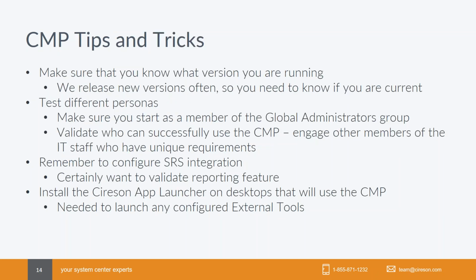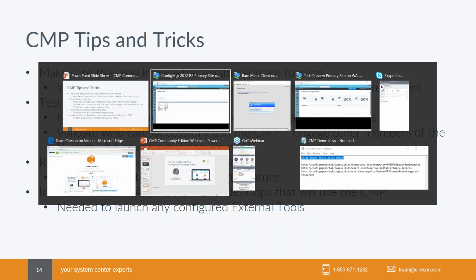Some additional tips and tricks. Make sure that you know what version you're running. As I mentioned, we're up to version 2.03, and those are different hotfixes to fix an issue with larger environments, as well as a couple of things with licenses. How can you tell what version you're on?